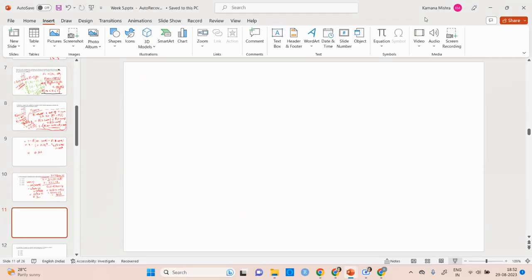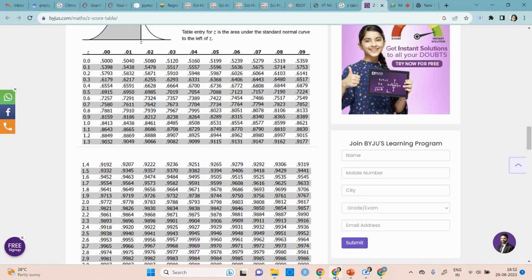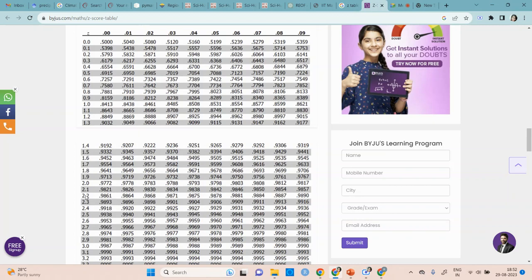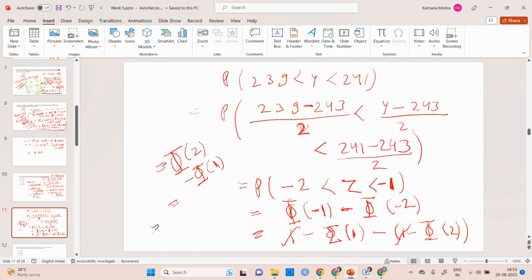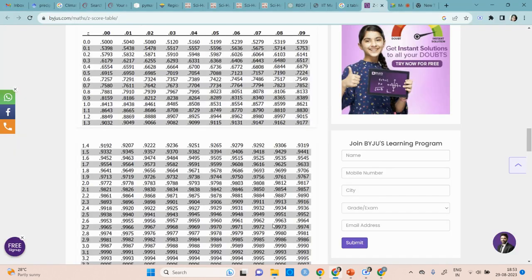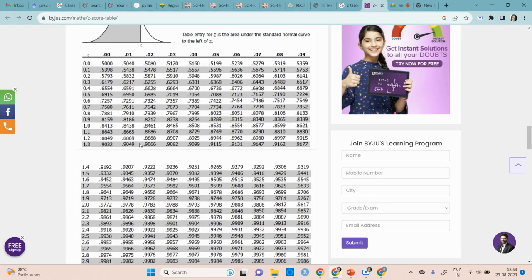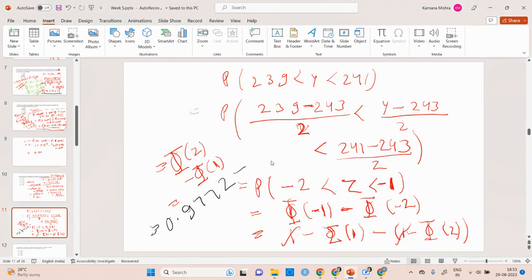So now we will go through the table. Phi 2 is 0.9772, so it is 0.9772 minus phi of 1, which is 0.8413.